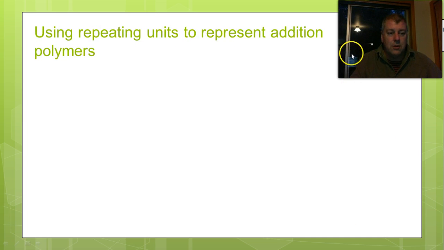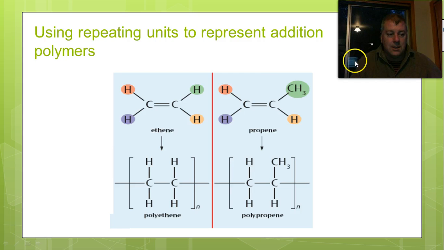So using repeating units to represent addition polymers, again, here's our monomer, there's our reoccurring unit diagram. Here's a different monomer. This one's got a branch on it, so effectively it's butene, I think, it's a chain of 3, and notice that this group is located up here.